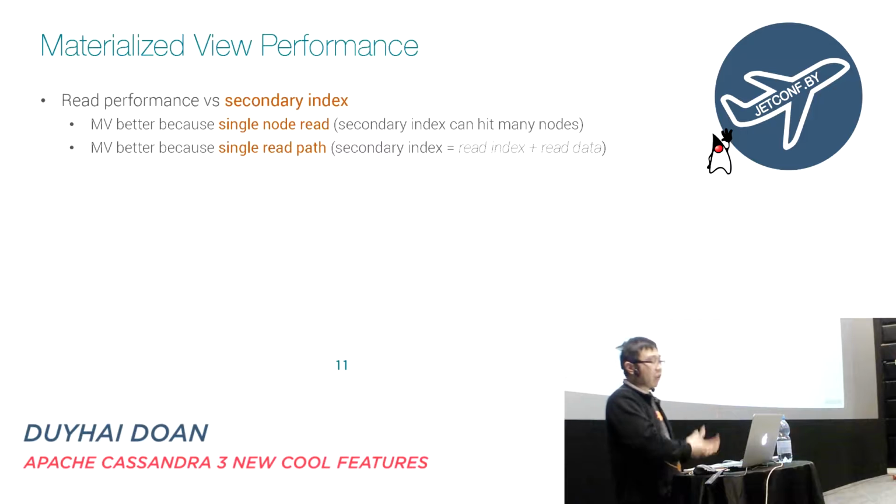If you are using secondary index, you have 2 read paths. 1 to read the index data and 1 to read the original data. So in fact, Materialized View will always be faster. Okay. You are paying the price at the right time. You write extra data so that when you are reading data, it is very fast.